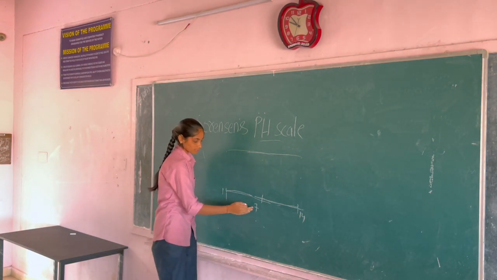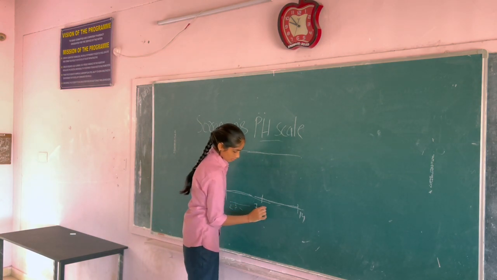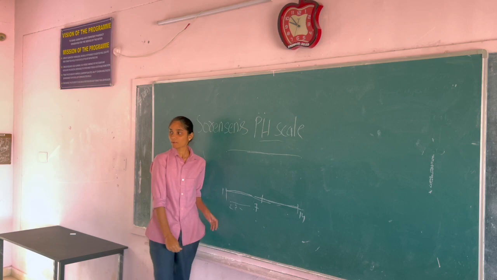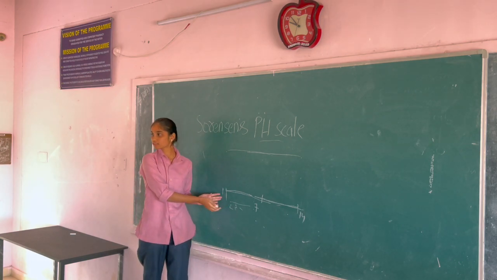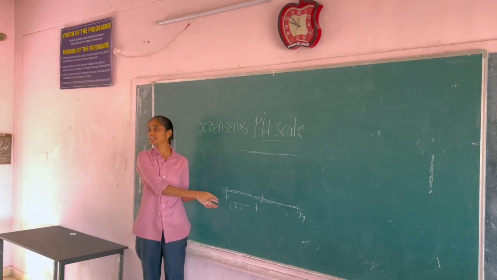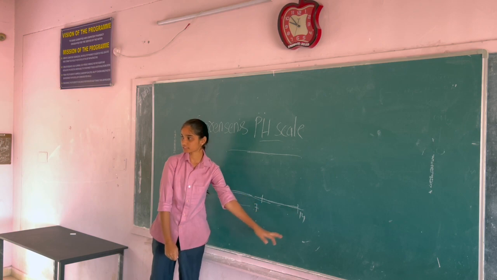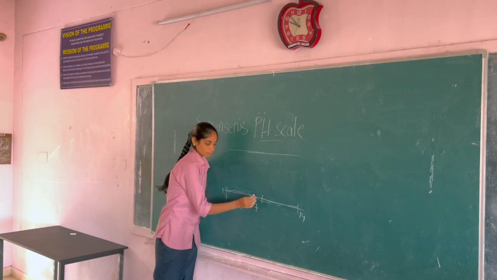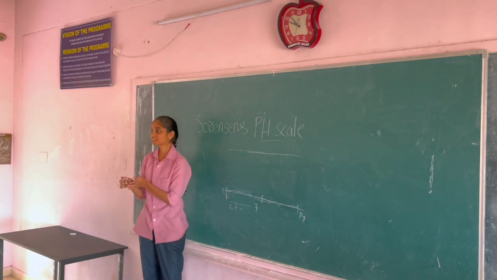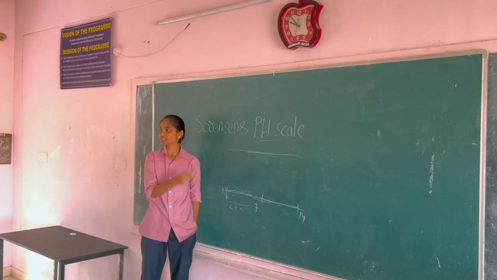Between 1 and 7 there are numbers like 3, 4, and after 7 there are 8, 9, 10 up to 14. The numbers in between indicate slightly acidic or slightly basic nature. This is about the Sorensen pH scale.